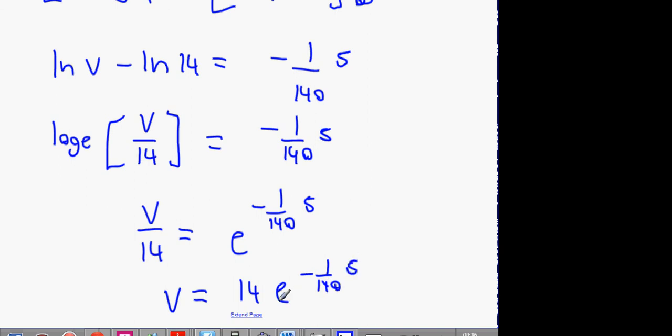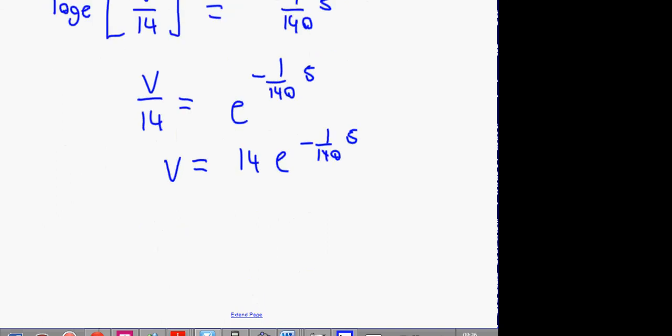Now, here's the tricky part. V is ds/dt. That's the definition of V. And ds/dt is 14 e to the minus S over 140.